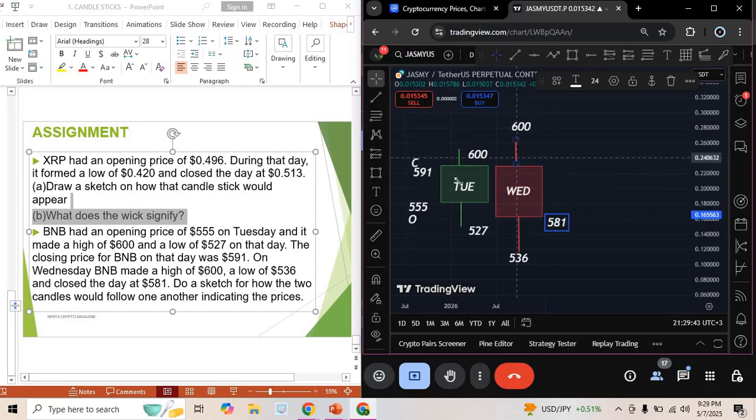Then we compare that opening price to our closing price right here, and that essentially makes this a bearish candlestick because the opening price is higher than the closing price. If you've gotten that, kindly thumbs up.